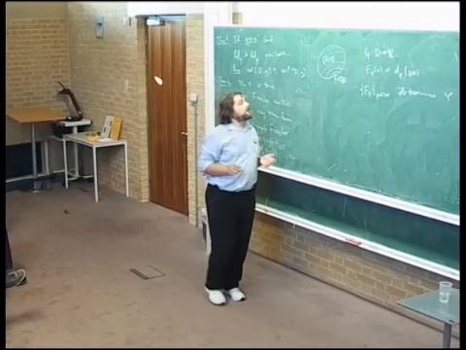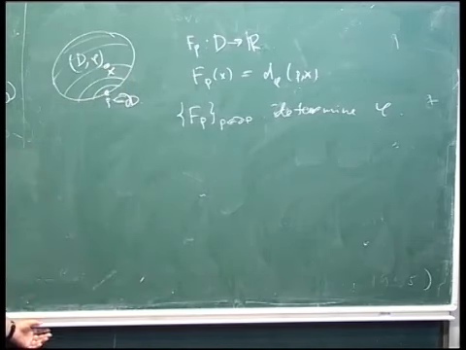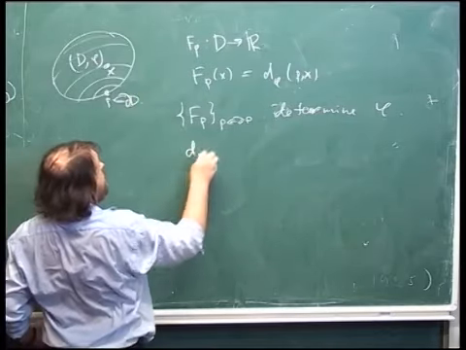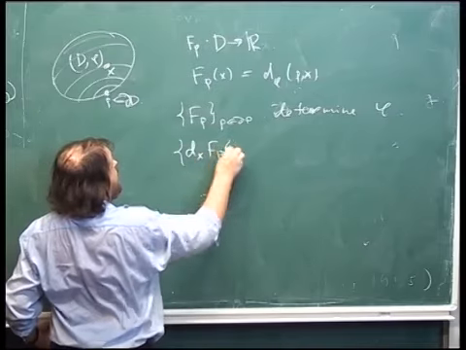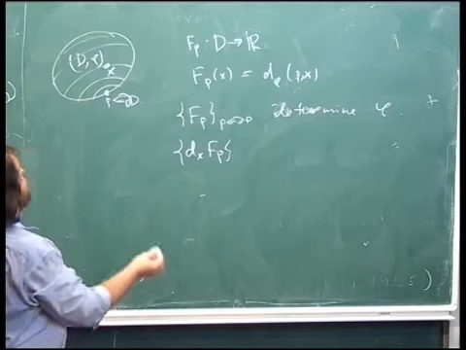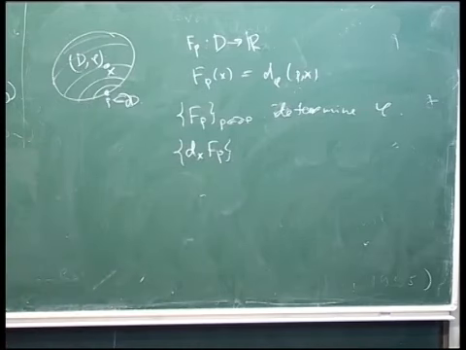Let me fix some point x inside and differentiate every function from my family. Well, it's easy to see that the derivatives of the functions have unit norms because they are distance functions.